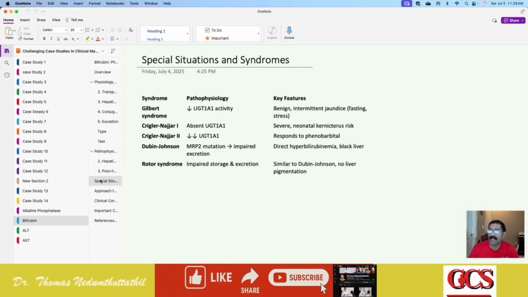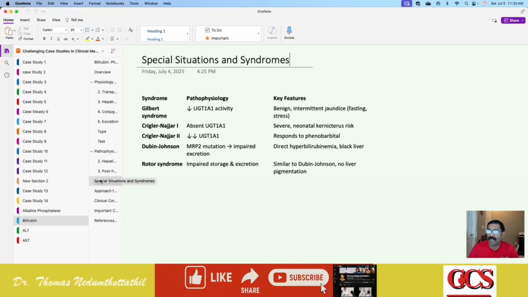Special situations and syndromes include Gilbert syndrome due to decreased UDP glucuronyl transferase 1A1 activity. Key features include intermittent jaundice associated with fasting or acute illness. Gilbert syndrome is a benign condition.